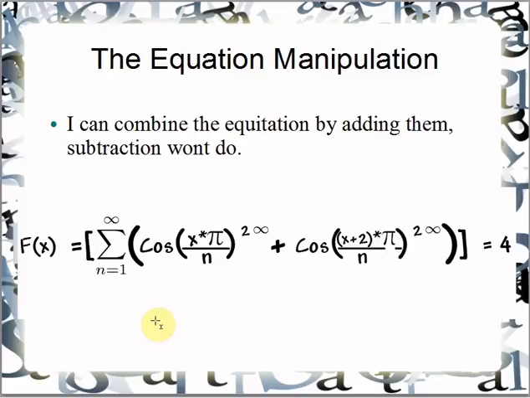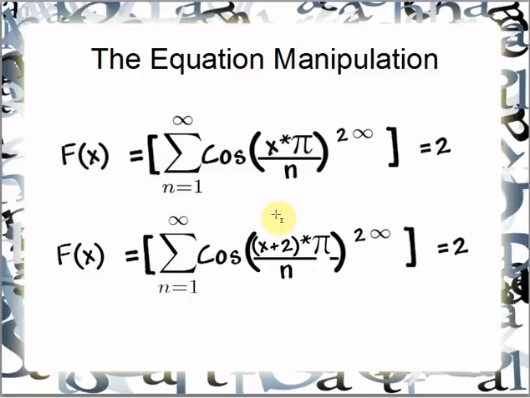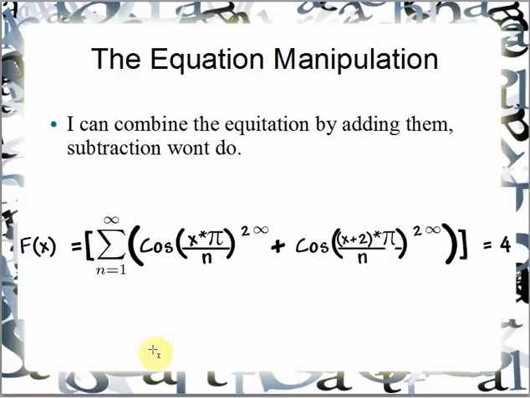I could combine these two equations by adding them together or subtracting them. If I subtract one from the other, then 2 minus 2 equals 0. If I add these two together, 2 plus 2 equals 4. As it turns out, I cannot subtract the functions, because the original equation does more than just tell you which numbers are primes. It tells you the number of factors that given number breaks down to.